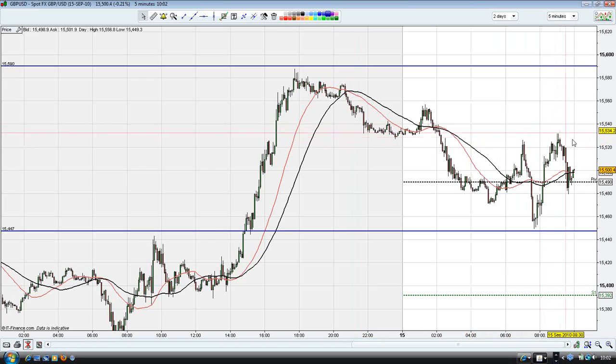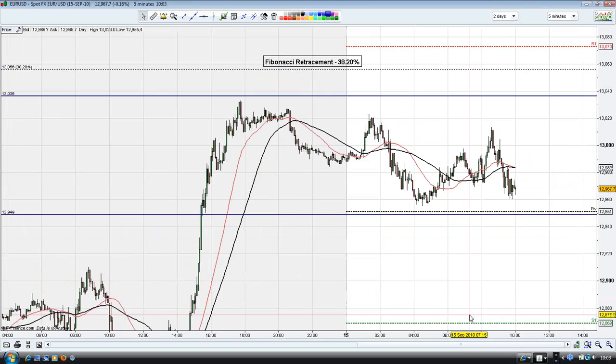But we've got our orders in reasonable and safe places. That's for the pound dollar. And for the Euro-US dollar, again, we've got our orders in reasonable places to keep out of trouble. So once the market makes up its mind to go up or down, we are ready for it.